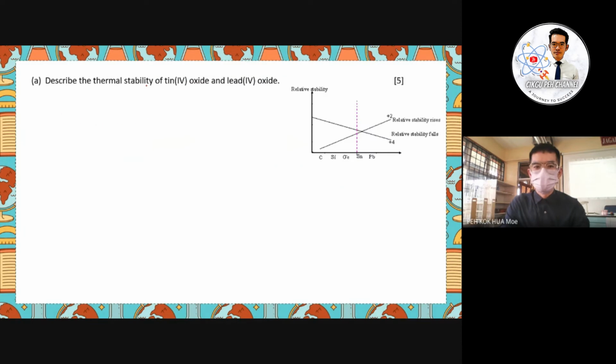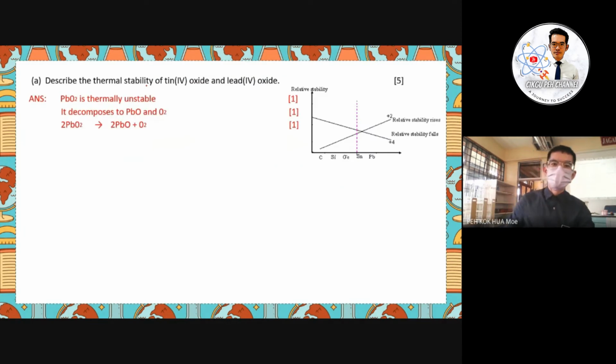So 5 marks. We straight away discuss lead(IV) oxide. Lead(IV) oxide is thermally unstable, because lead is stable as lead monoxide, or lead(II) oxide. So it decomposes to lead(II) oxide and releases oxygen.